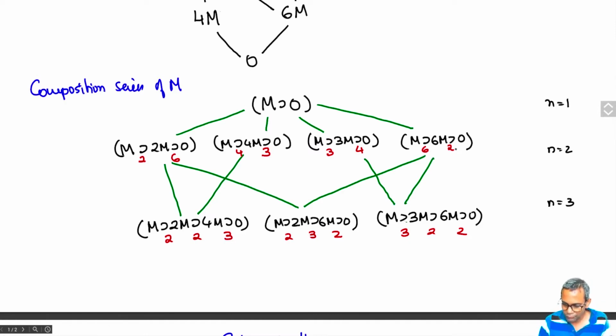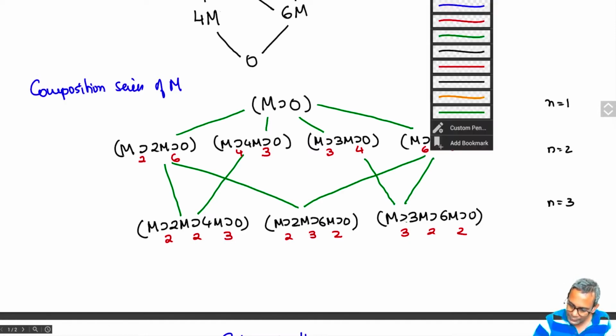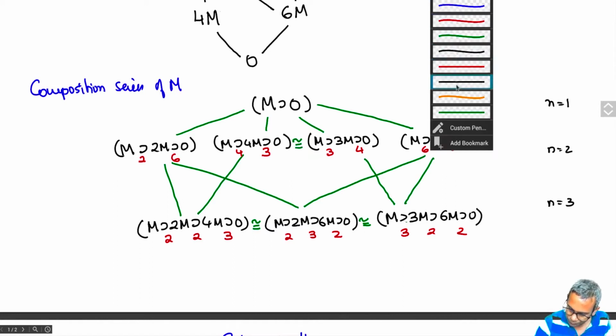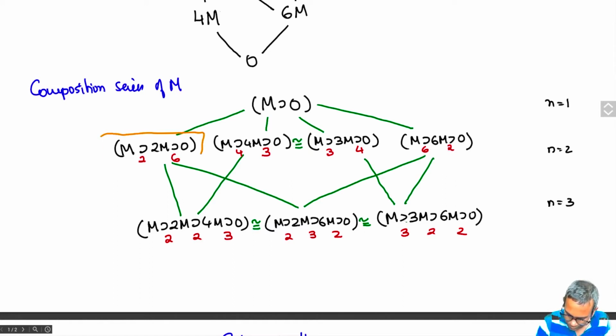Now if you see all these three things here in the last, these are equivalent, because there are three quotients. Two of them are Z mod 2 and one of them is Z mod 3. So you can permute these things and get these. But over here, this is equivalent to this, and this composition series is equivalent to this composition series.